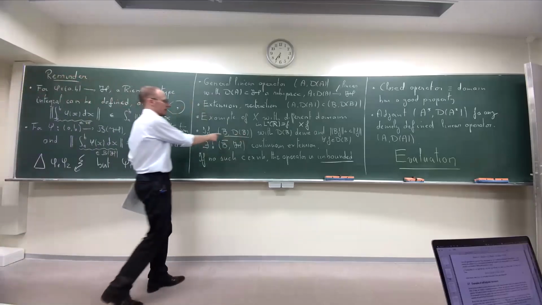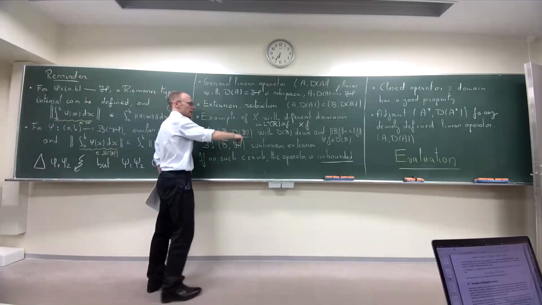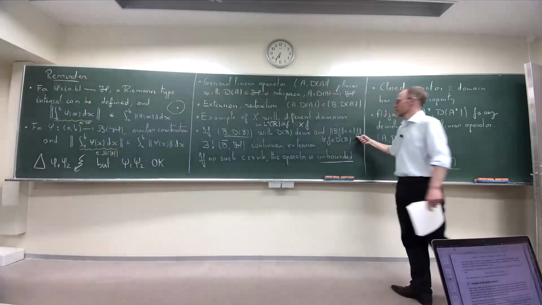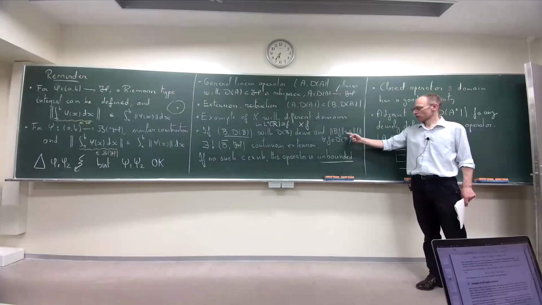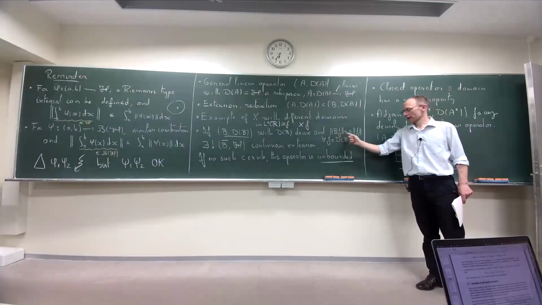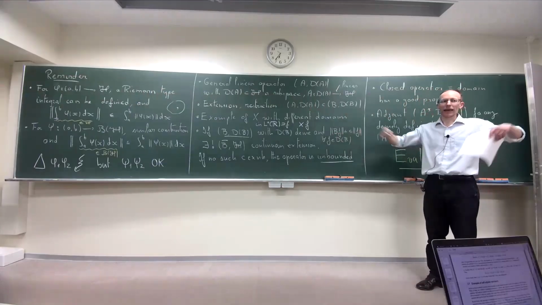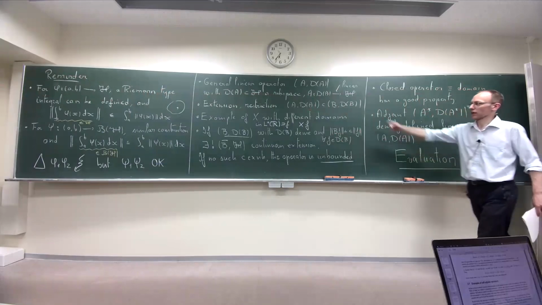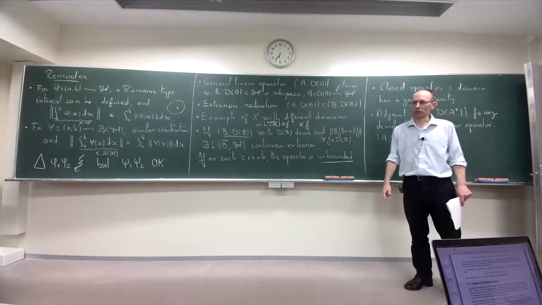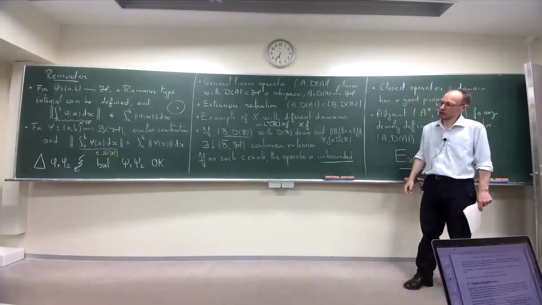So if this is a dense domain in H, and if you have such an inequality, that the norm of B of F is smaller than C times the norm of F for all F in this domain, then you can extend this operator to the entire Hilbert space. So it becomes a bounded operator.